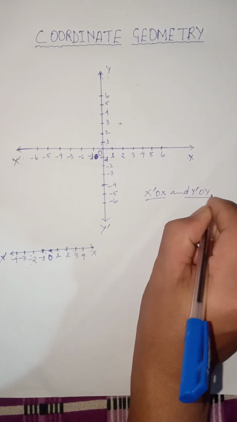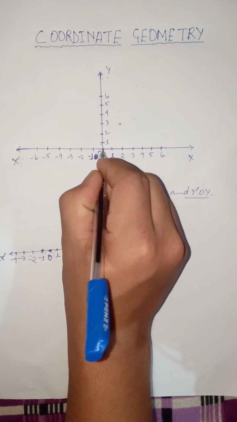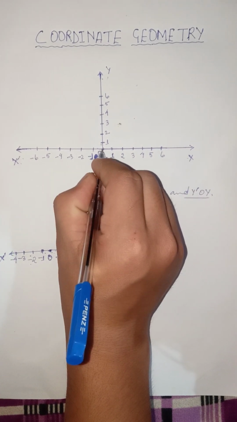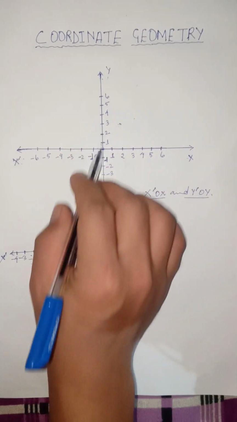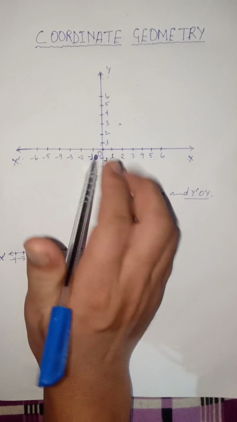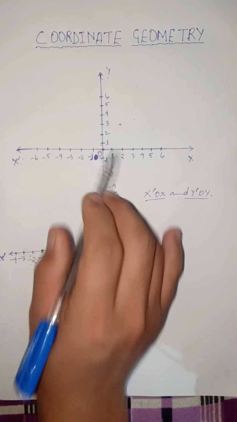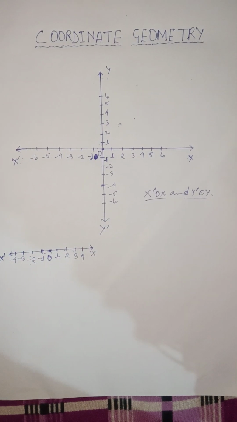So if you take these two together, then these two will meet at this point. So the place where we take these two together, this process we call the rectangular axis. Is this clear to all of you?